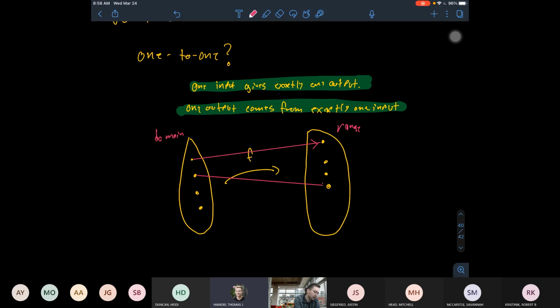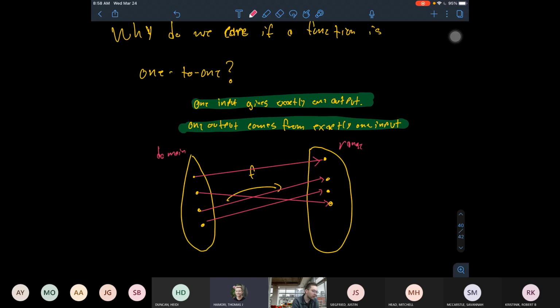Some of these are going crisscross or whatever. What this statement is saying, if we have a one-to-one function, is that the function itself says something about how we go from the left-hand side to the right-hand side, and one-to-oneness says something about the relationship between the right-hand side and the left-hand side. It says that one output can be traced backwards to exactly one input.